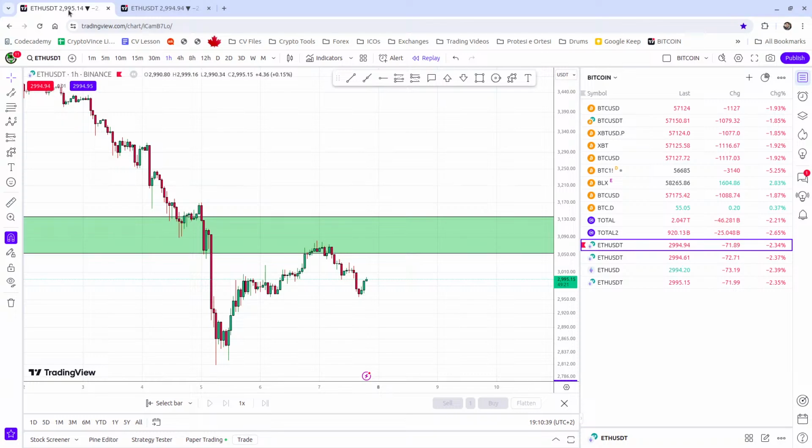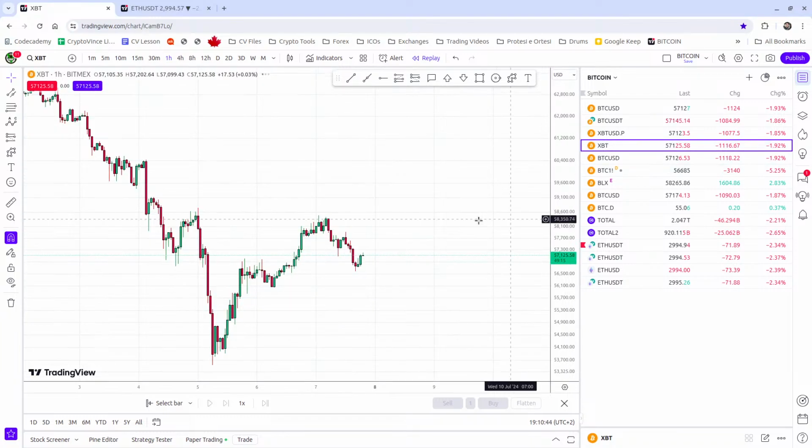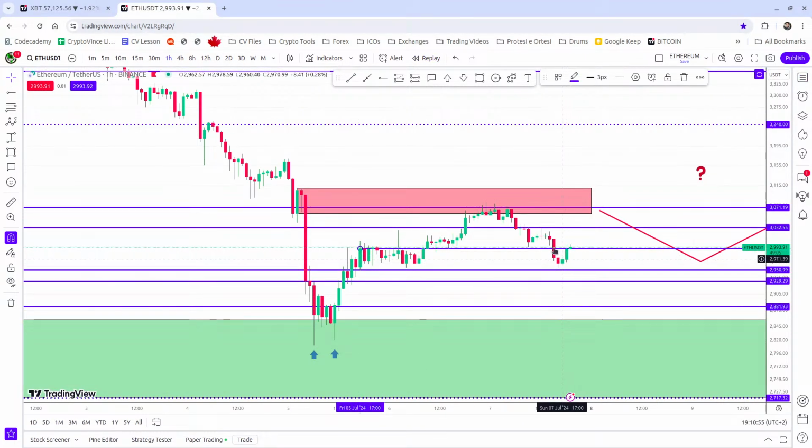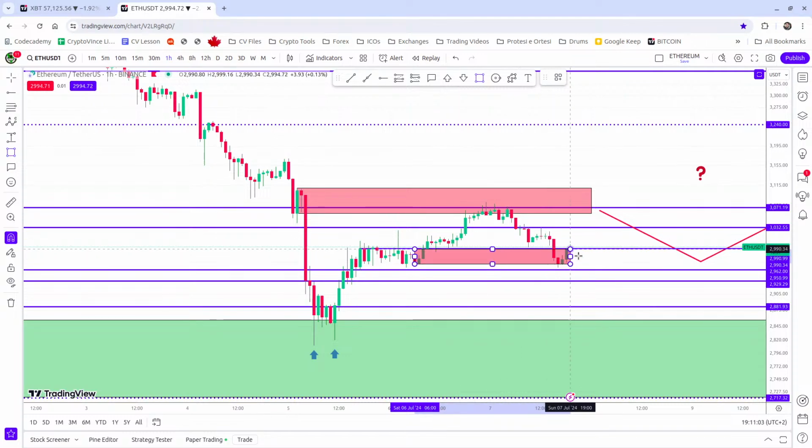So on the 1 hour time frame, it is slightly more bearish than Bitcoin, because Bitcoin actually, no, this is Ethereum, sorry. What is Bitcoin here? Bitcoin actually is bouncing above swing high here, so that's slightly more bullish than Ethereum. Ethereum didn't bounce here, it actually dropped a little bit more to take out demand at this level.